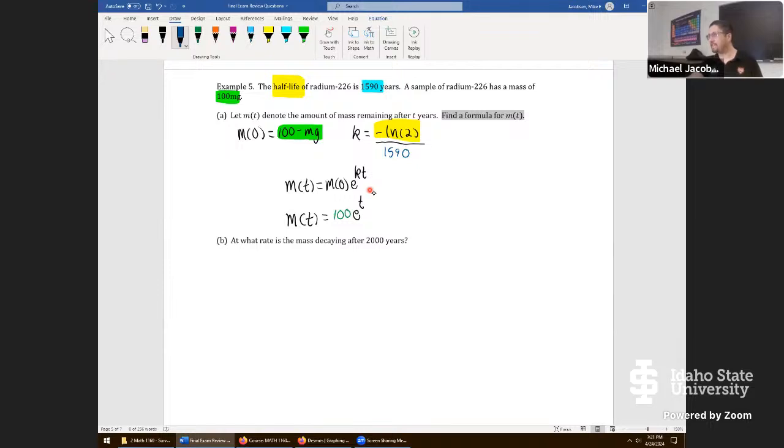Well, there's also a negative sign, so I'll put a parenthesis to just put it in like this. Negative natural log 2 divided by 1590. You might put your negative right in front, but that's all stylistic choice for how you might organize. I'll just leave it in this format. So that was the K value, and this was the initial mass.